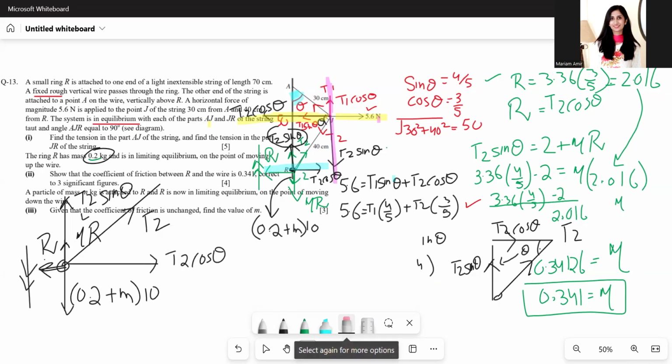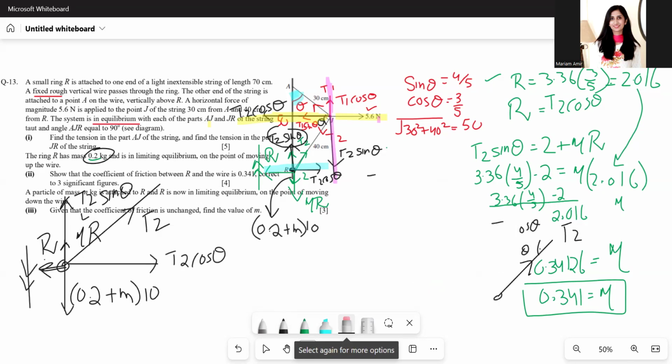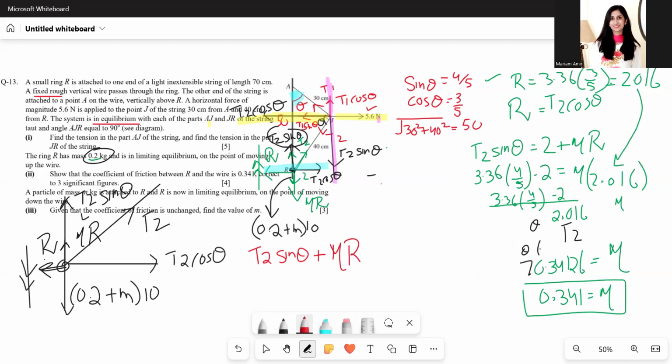Given that the coefficient of friction is unchanged, find the value of m. Okay. So again, we're going to equate all the forces. It's going to be up forces: T2 sine theta plus mu R equals 0.2 plus m times 10. T2 we had found earlier: 3.36, times sine theta.